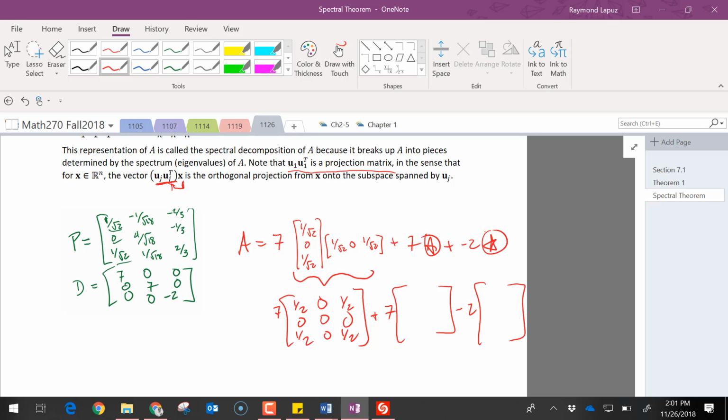We also decomposed the matrix into the orthogonalization, the PDP inverse matrices. So now we're expanding our decompositions even more. And it works if you have an orthogonally diagonalizable matrix, you can decompose it into the spectrum. And that will work if you have a symmetric matrix.